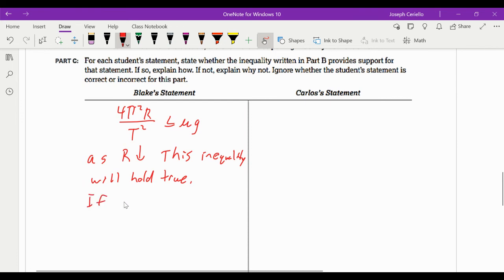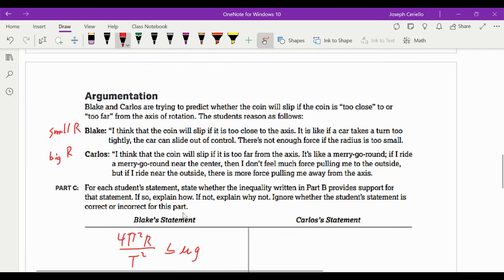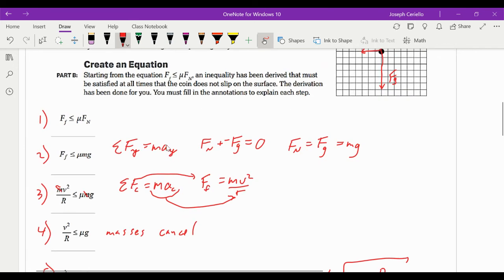If this inequality holds true, then the force of friction is strong enough.